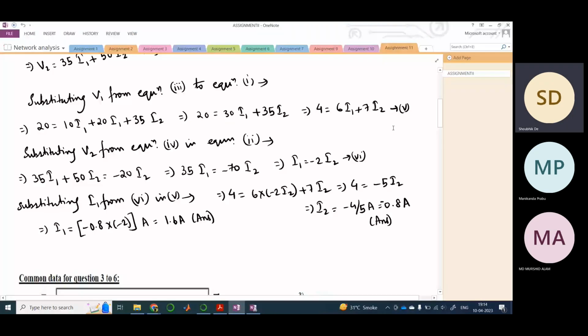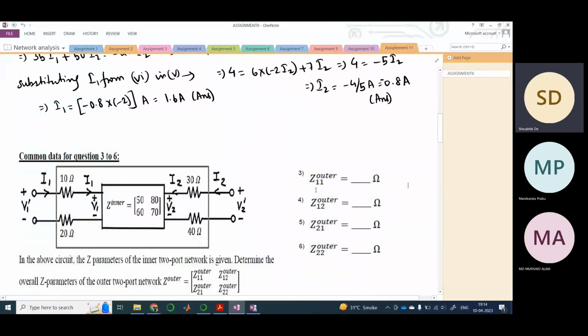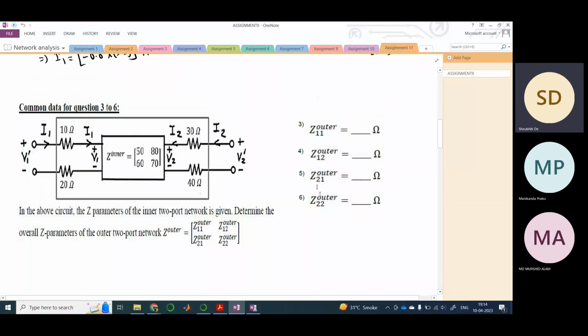Okay. So if you don't have any doubt, let's move to the next question. So here, there are two port parameters. One is this inner Z parameter circuit, I mean, two port circuit.